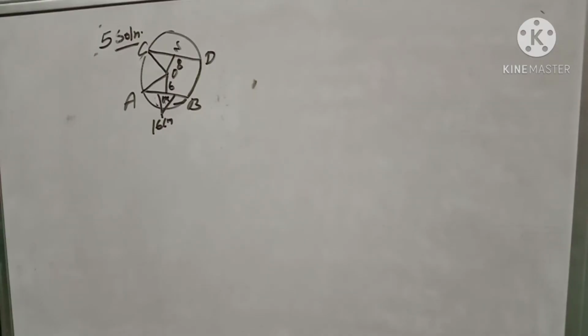Question number 5. It is given that a chord of length 16 centimeter is at distance 6 centimeter from the center of the circle. Find the length of the chord of the same circle which is at a distance 8 centimeter from the center.